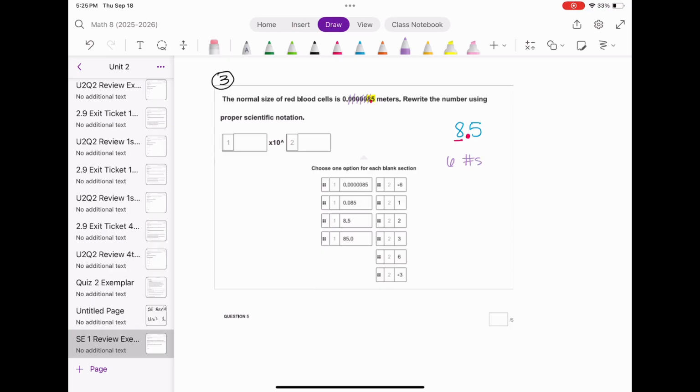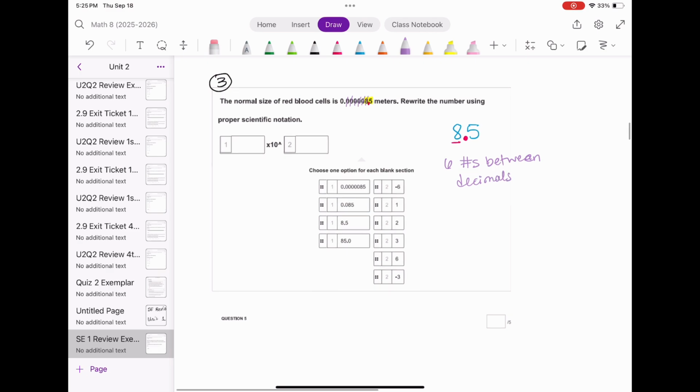Now we have to see what the exponent is going to be. So we originally had the decimal on the left and we switched it after the 8. So I'm going to write it after the 8, and I'm going to count all the numbers between the two decimals. And when I count, I get 6 numbers. So that means that my exponent is 6. Now, is it a positive 6 or a negative 6?